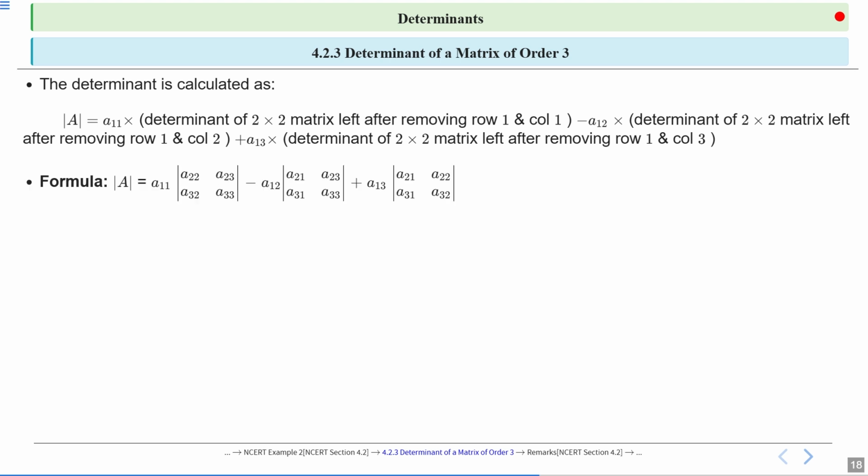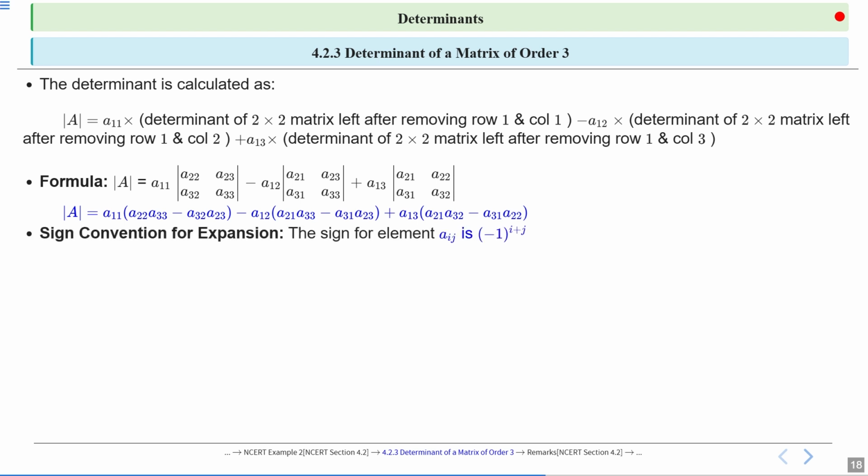So the formula for the determinant is the first element a11 into the determinant of the matrix obtained after removing row 1 and column 1, minus a12 times the minor from a21, a23, a31, a33, plus a13 into the minor from a21, a22, a31, a32. Okay. Just expand and, using the property of the determinant of a 2 cross 2 matrix, we find the formula for calculating the determinant of a 3 cross 3.